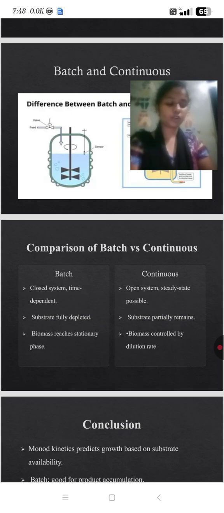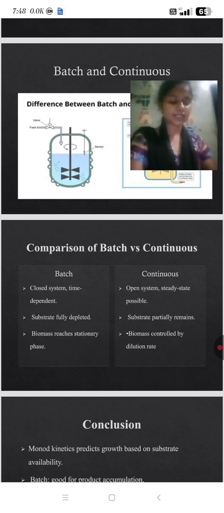A flow regulator controls the rate at which fresh medium enters. A magnetic stirrer mixes the content to maintain uniformity.